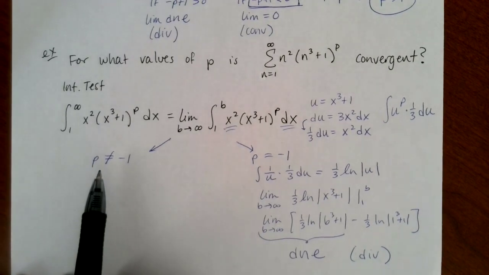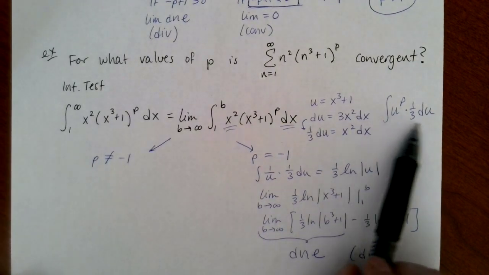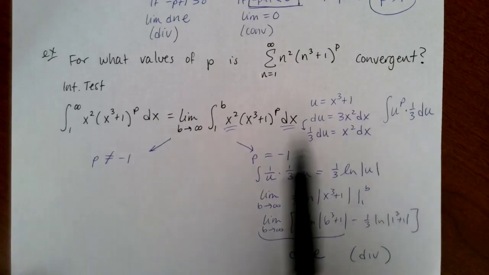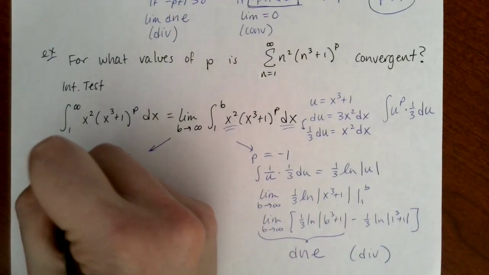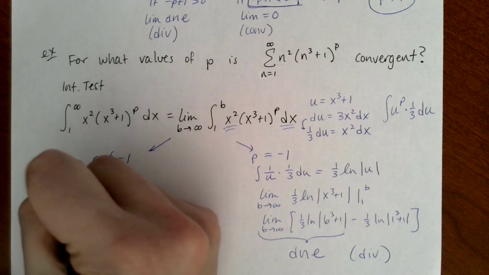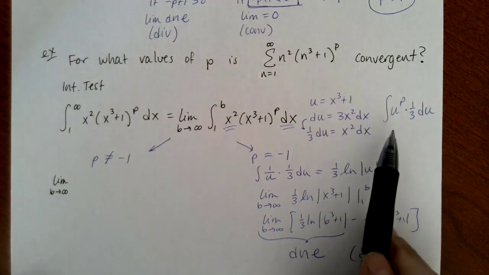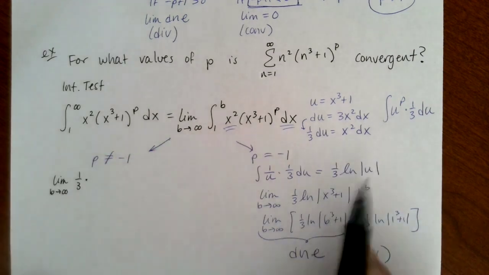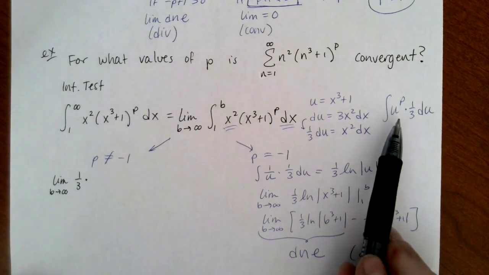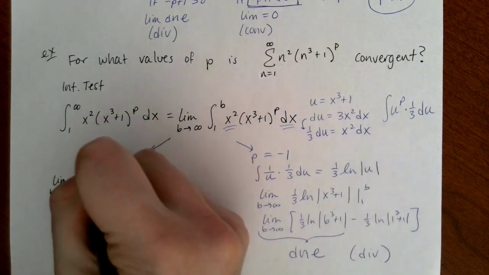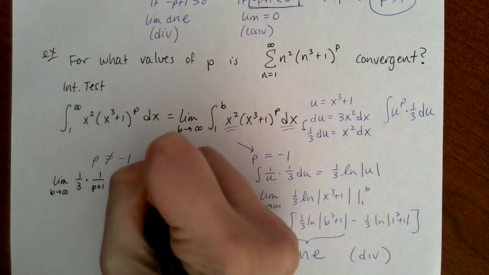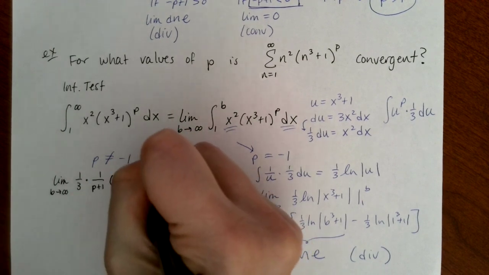So if p is not -1, then this is a reverse power rule problem. So then the antiderivative, and I'm going to keep this limit right away, would be 1/3 times reverse power rule here. So we'd have 1 over p plus 1, and then my u is x cubed plus 1 raised to the p plus 1.